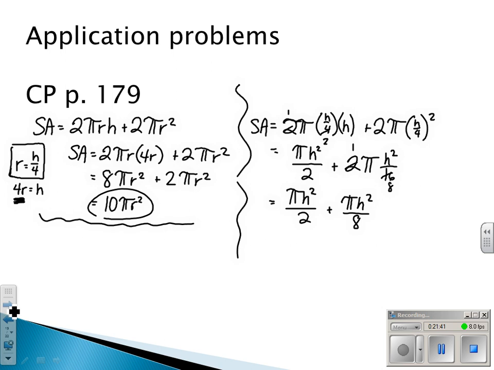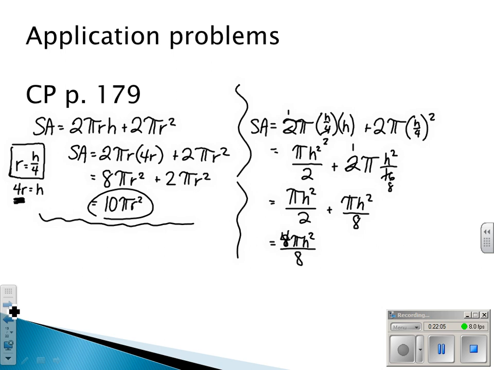Okay, so by reducing and simplifying, I'm to this point right here, and now I'm looking at two fractions that I want to combine. What do you need to have to combine your fractions? You have to have a common denominator. I guess I only multiply by 4 there.